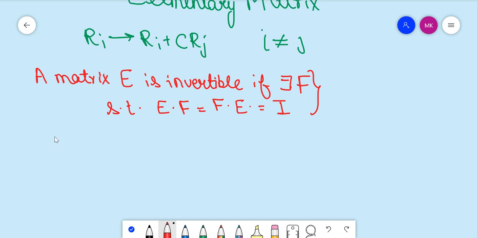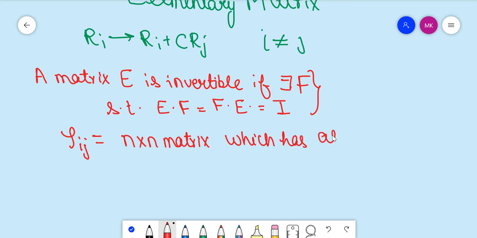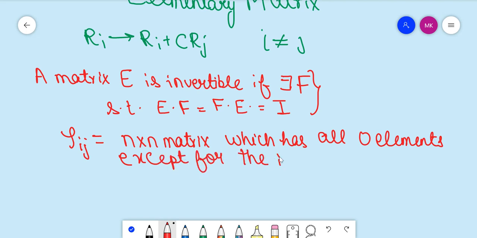Again, the notation which I'm going to use in this proof is this: row ij is the n cross n matrix which has all zero elements except for the ijth element, that is, the element in the ith row and the jth column.